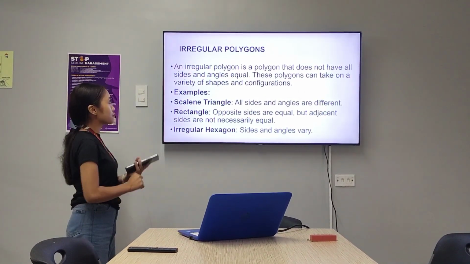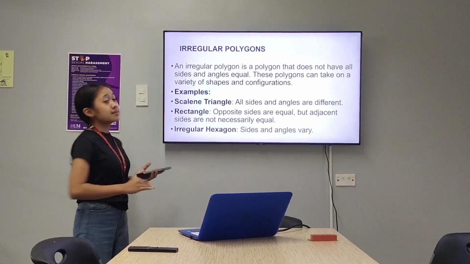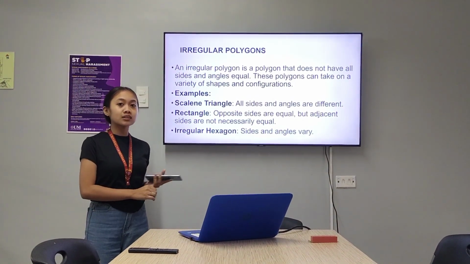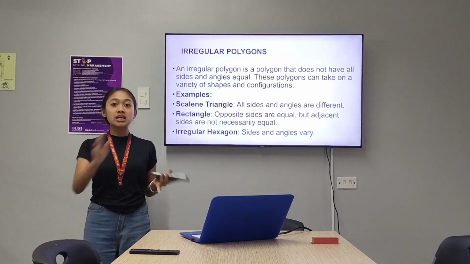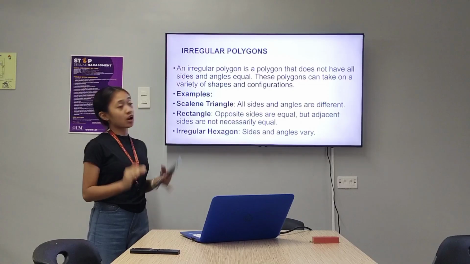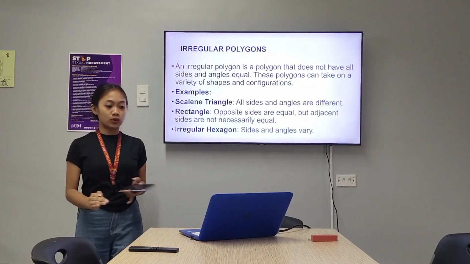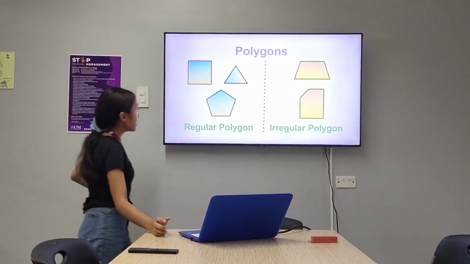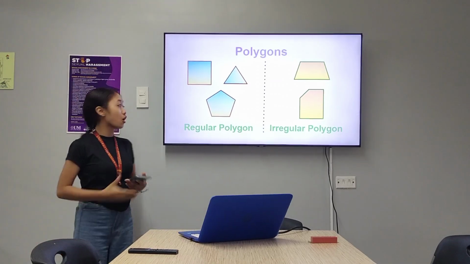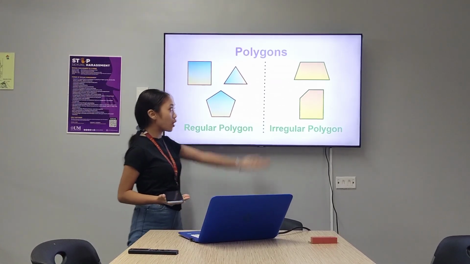Sides and angles vary. So it is simply that in a regular polygon, its sides and angles are equal, and in irregular polygons, its sides and angles are not equal. Here are some examples of regular and irregular polygons.